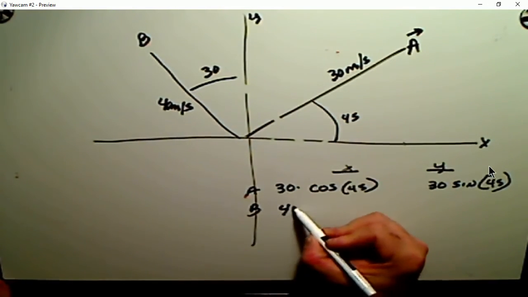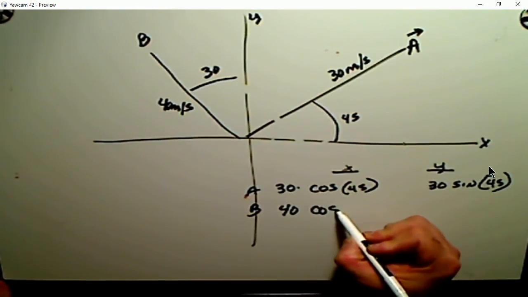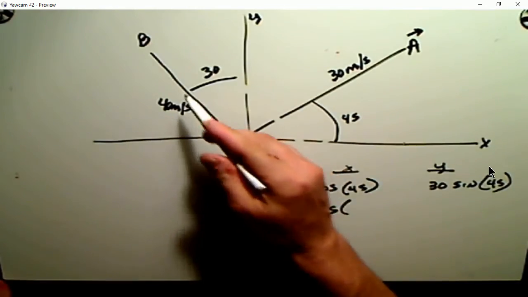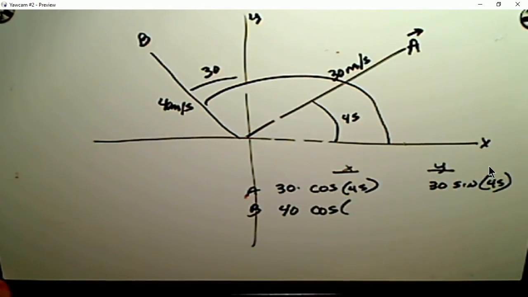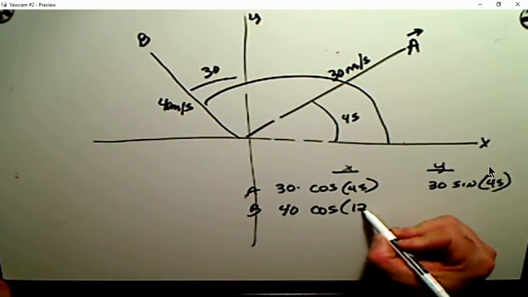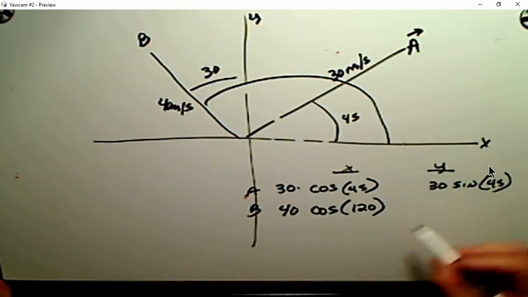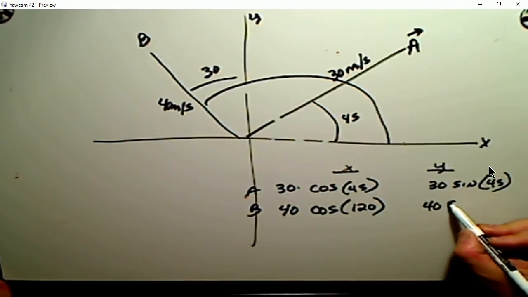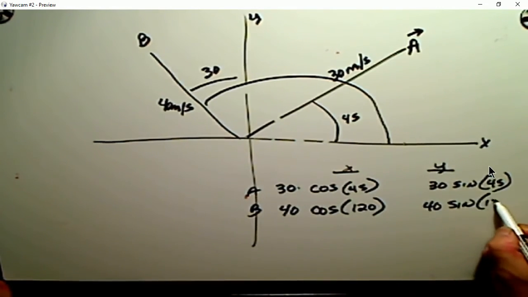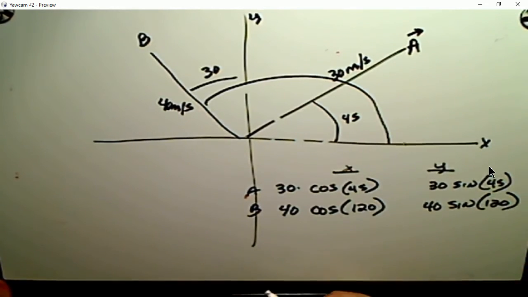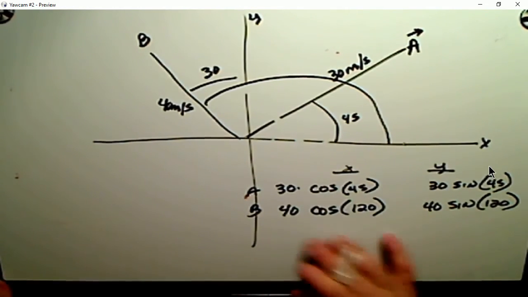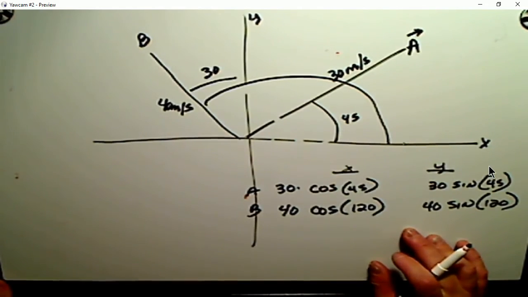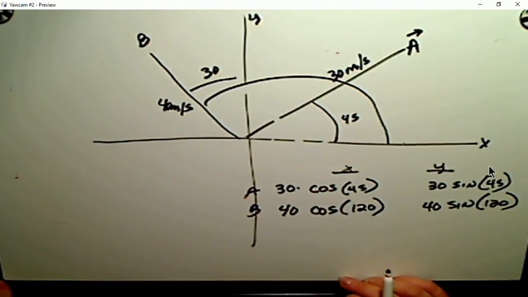As 40 times cosine of not 30 degrees, but starting from here and going around, 30 plus 90 is equal to 120 degrees. When we do this, you'll get the same answer as we got before, only this will put in the negative and positive signs for the correct quadrants.